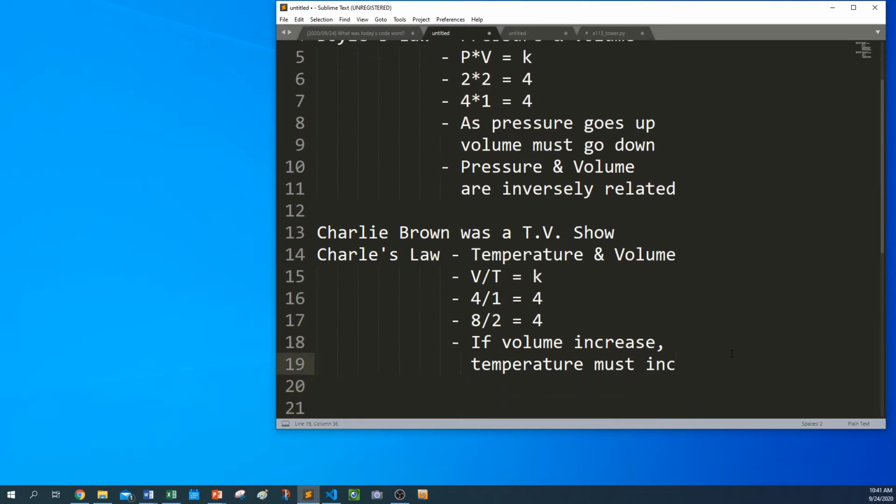So it increased. So if volume increases, temperature increases. This means that volume and temperature are directly related.